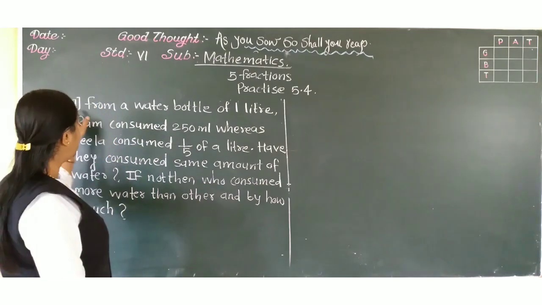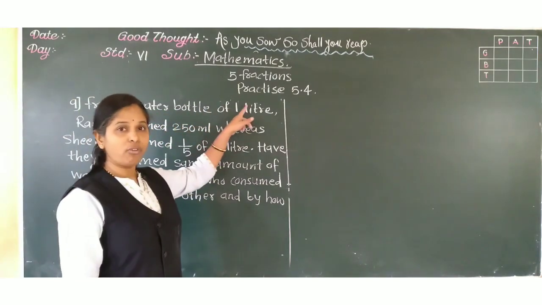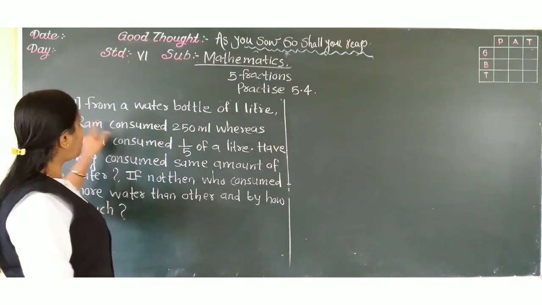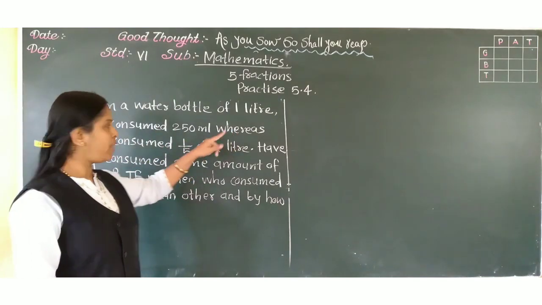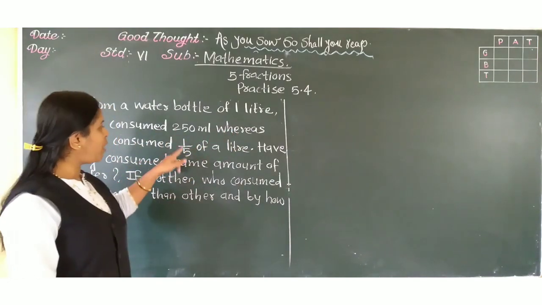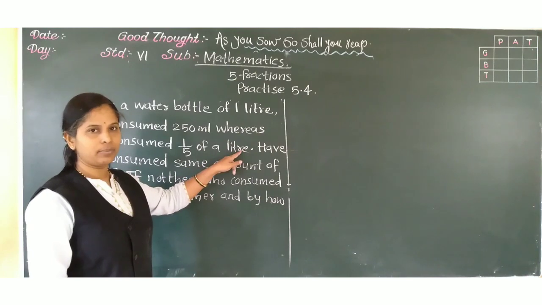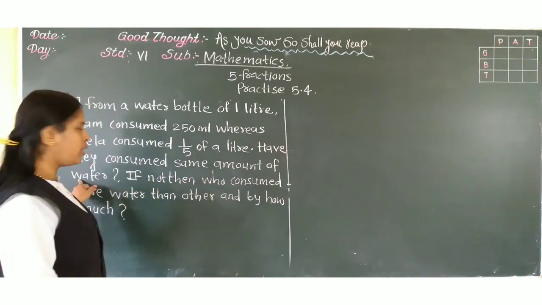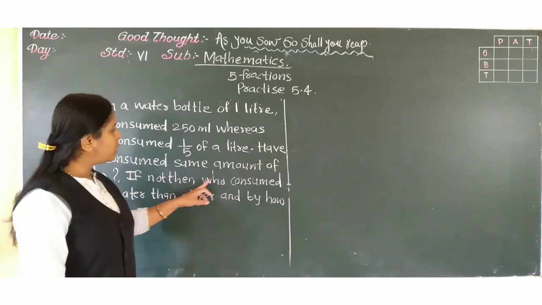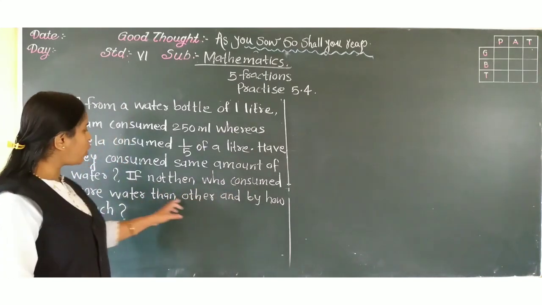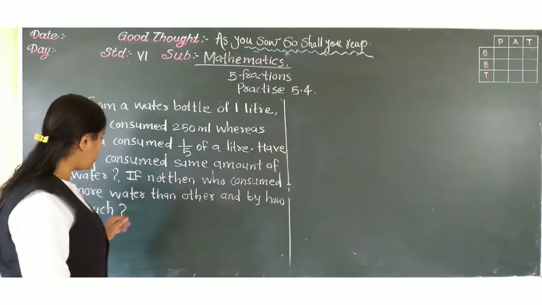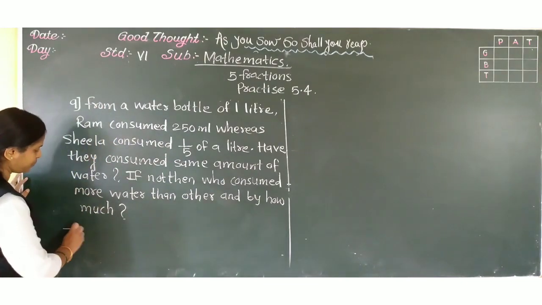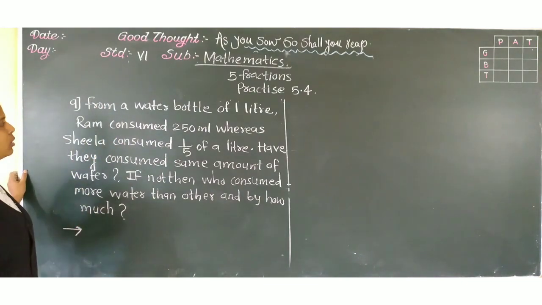Question number 9. From a water bottle of 1 liter, Ram consumed 250 ml, whereas Sheila consumed 1/5 of a liter. Have they consumed the same amount of water? If not, then who consumed more water than the other, and by how much? See here.